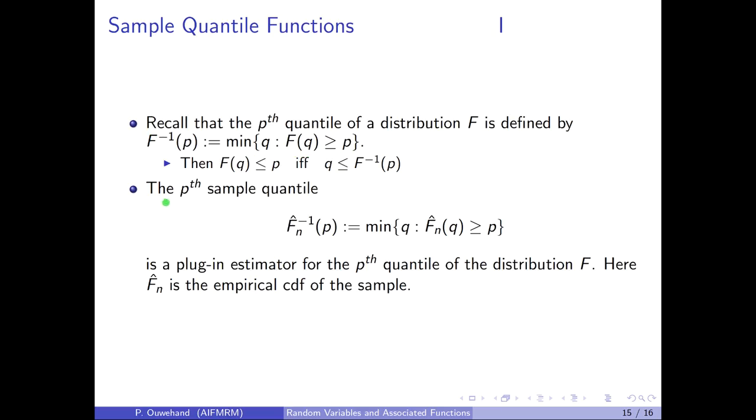The p-th sample quantile is defined in the same way. Suppose that we have n data points. Associated with those data points is an empirical distribution function, F hat n. And the sample quantile function is simply the generalized inverse of the empirical CDF. In other words, the sample quantile function evaluated at the point P is the least q where the empirical CDF hits or jumps above the level P.